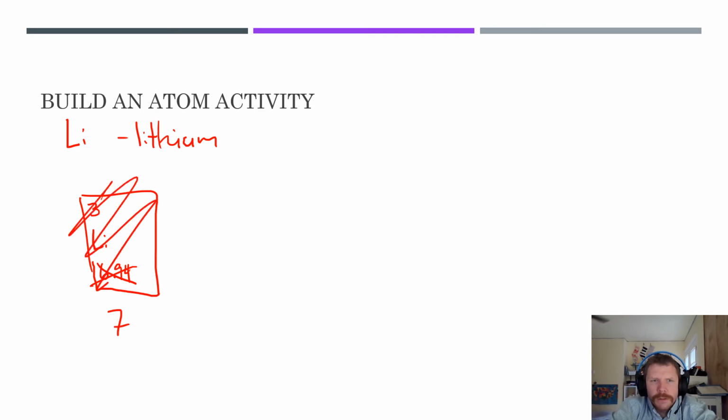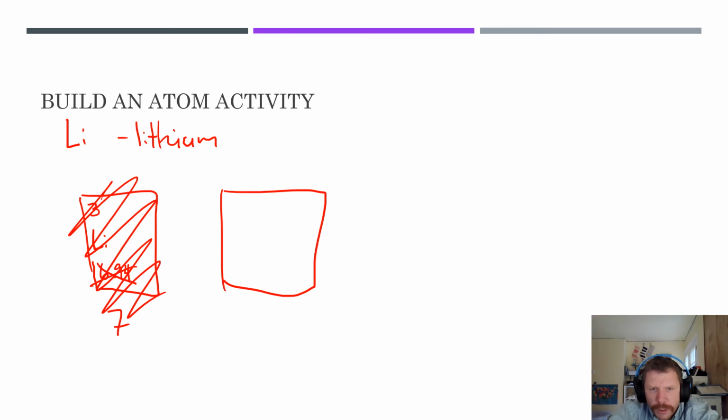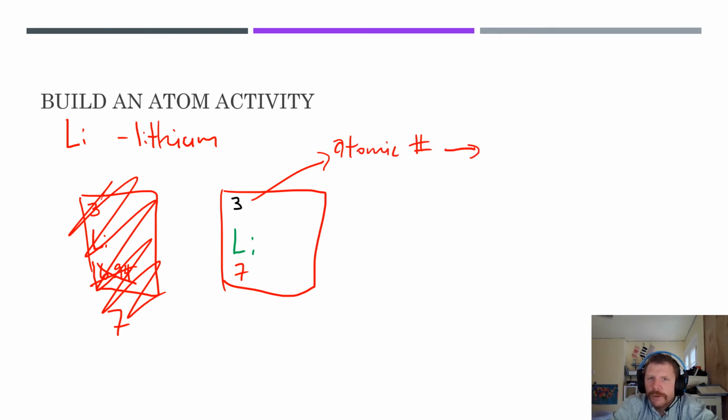So I'm going to rewrite this as 3, which I'm going to write in black. I'm going to write my symbol in green, Li, and then I'm going to write my 7 down here. These 3 different numbers tell you different things. This 3 is known as the atomic number, and that is going to tell you the number of protons.